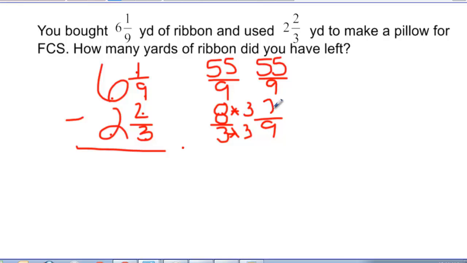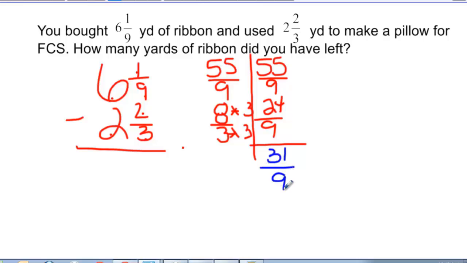And 8 times 3 is 24. We are subtracting here, so I now need to subtract my numerators instead of adding. 55 minus 24 is going to give me 31. And I keep my denominator the same, so 31 ninths.